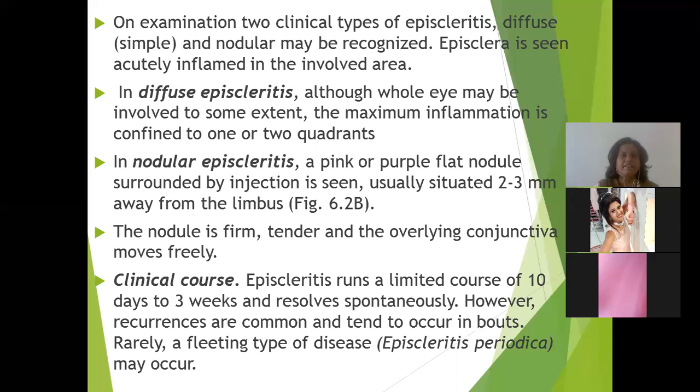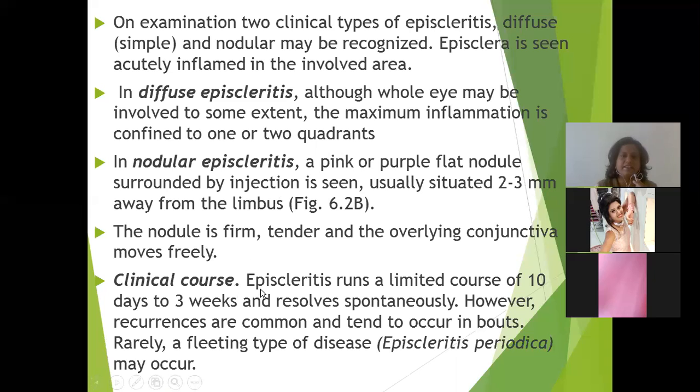Although the whole eye may be involved to some extent, the maximum inflammation is confined to one or two quadrants. In nodular episcleritis, a pink or purple flat nodule surrounded by injection is seen, usually situated 2 to 3 mm away from the limbus. The nodule is firm, tender, and the overlying conjunctiva moves freely.